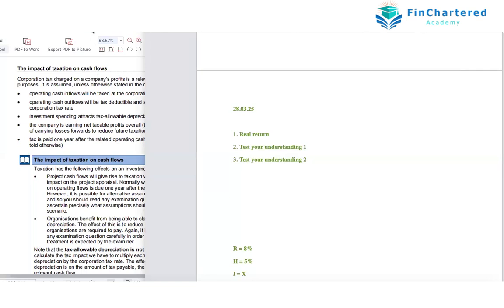Again, is there anybody who hasn't been registered with ACCA? You don't have access to the study hub. This is why I felt this discussion was very important. How come?